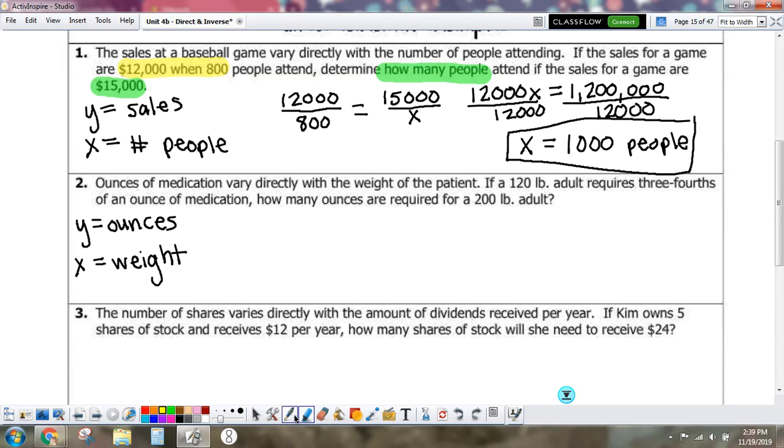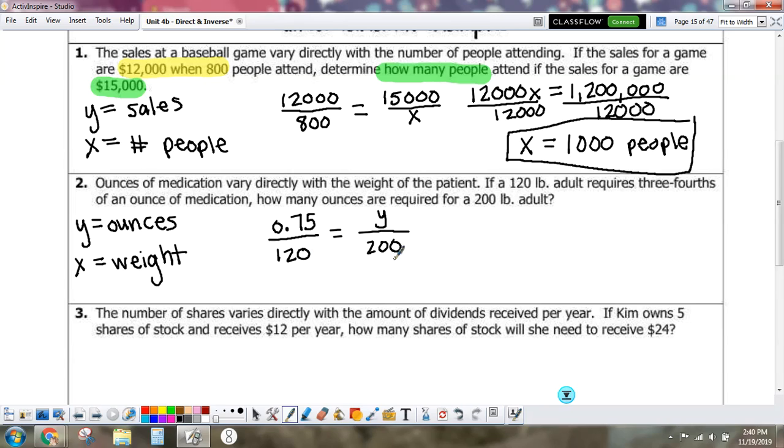I want to make sure that the weight is written at the bottom. And I don't want to write 3/4, I want to write 0.75. So change that fraction to a decimal. Then I'm looking for how many ounces are required for a 200-pound adult. So my 200 pounds goes at the bottom because that's my weight. My ounces, I don't know that, so I'm going to put Y.